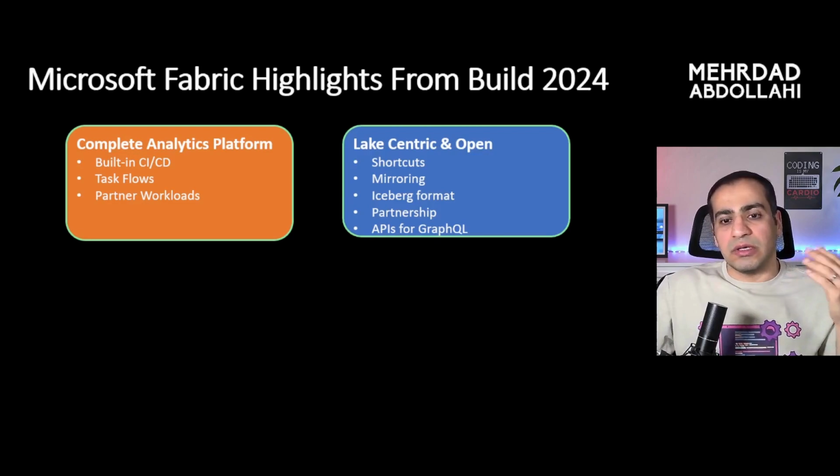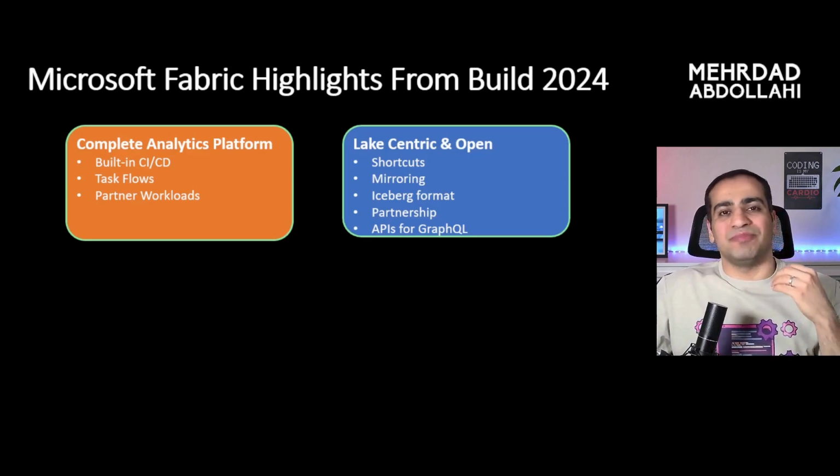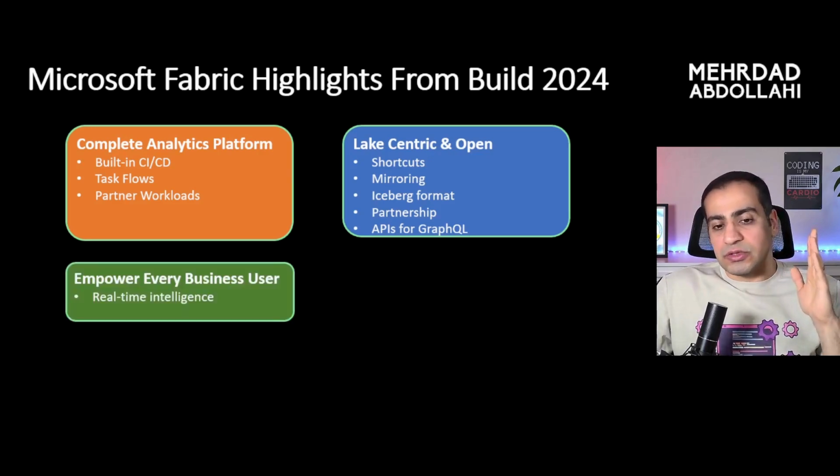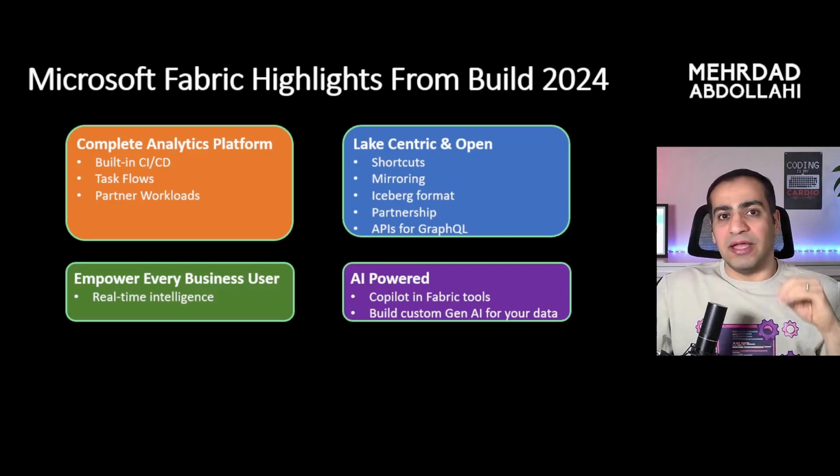Then it was talked about the lake-centric approach and how the central data storage works in Microsoft Fabric and what the new things are. We've also got empowering every business user, which is related to real-time intelligence, and also how AI is helping and empowering Microsoft Fabric.